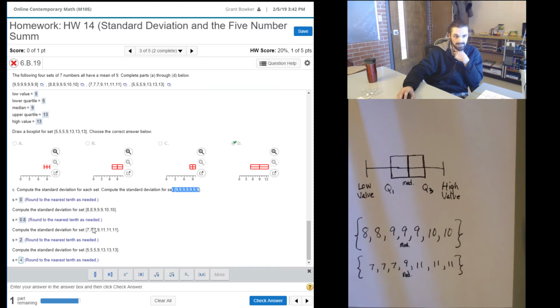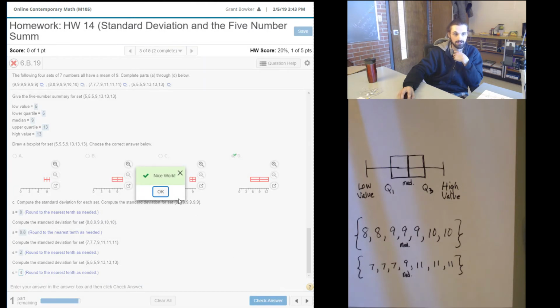So you'll notice as these values become more spread out, from only 9 to 8, 9, 10 to 7, 9, and 11, recognize the standard deviation is increasing. This last set had the widest distribution. We went from a low of 5 to a high of 13, which in turn raised our standard deviation. So the higher the standard deviation, the more widespread the data is.